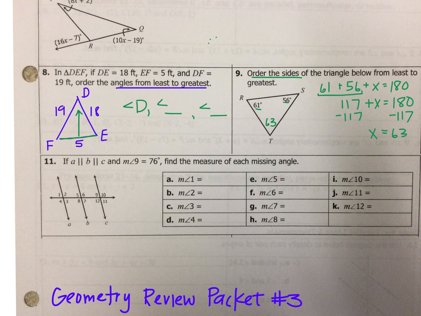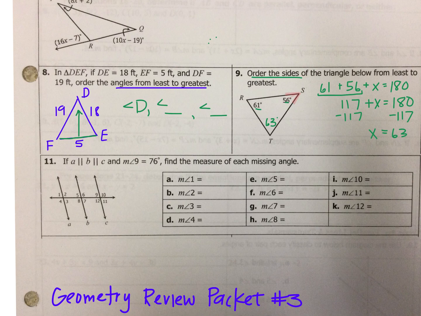All right, so the directions ask for the sides from least to greatest. So I have 3 numbers, 61, 56, and 63. So I am going to mark the smallest. It would be this angle right here, 56.